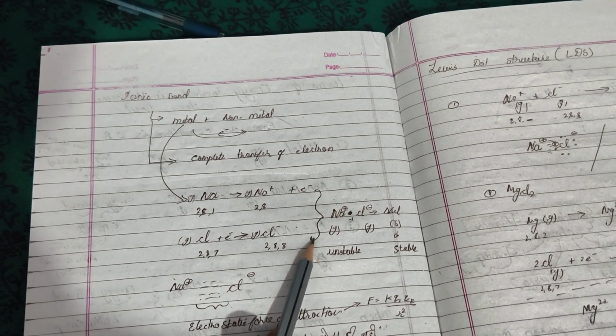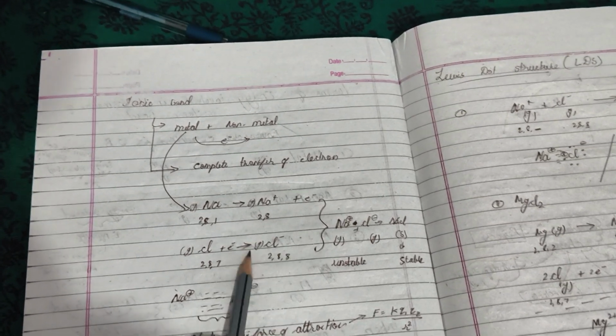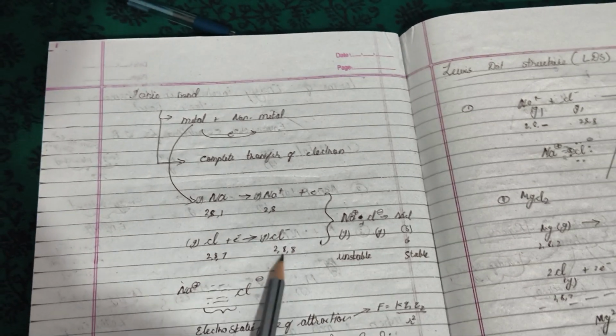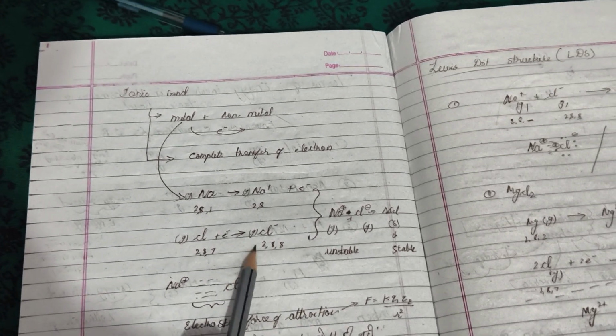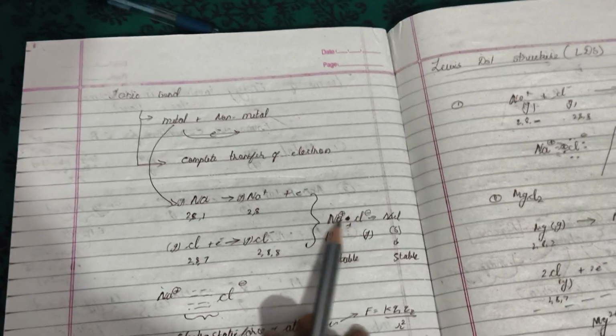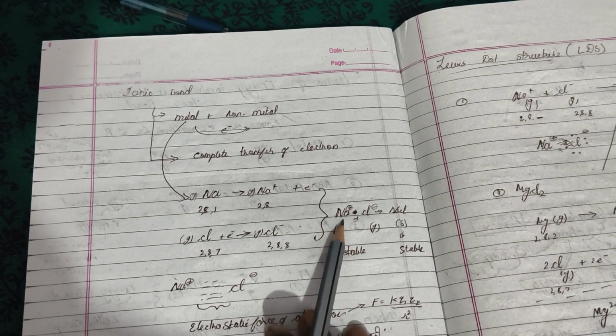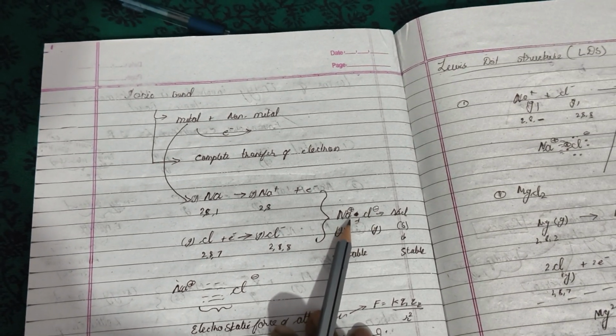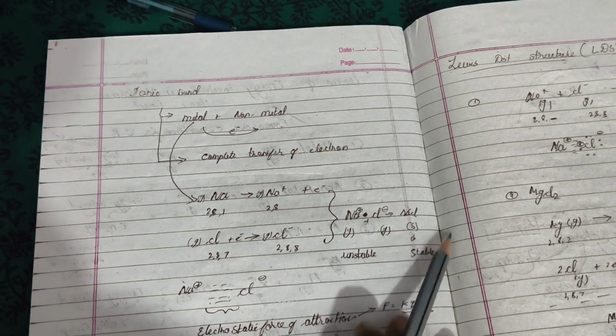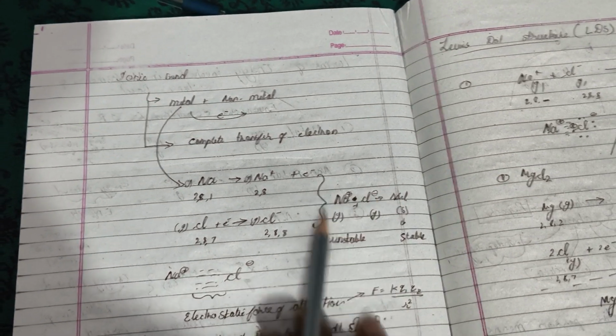Now the next question arises: they become stable, their octet has been fulfilled, so why are they going to form a bond?